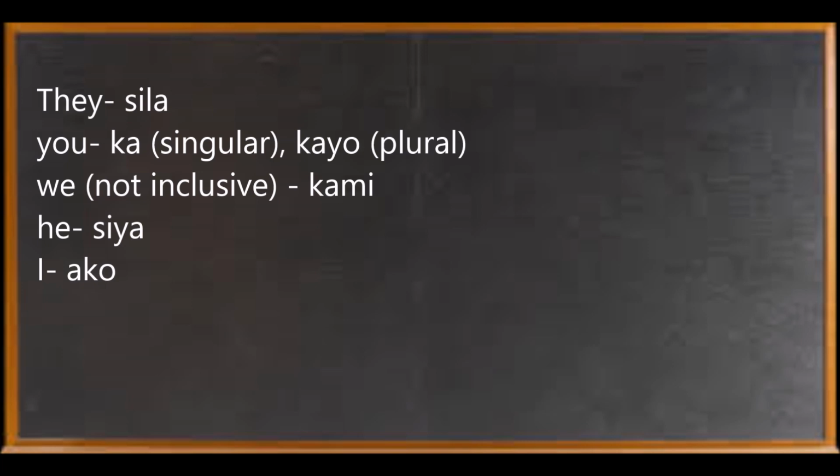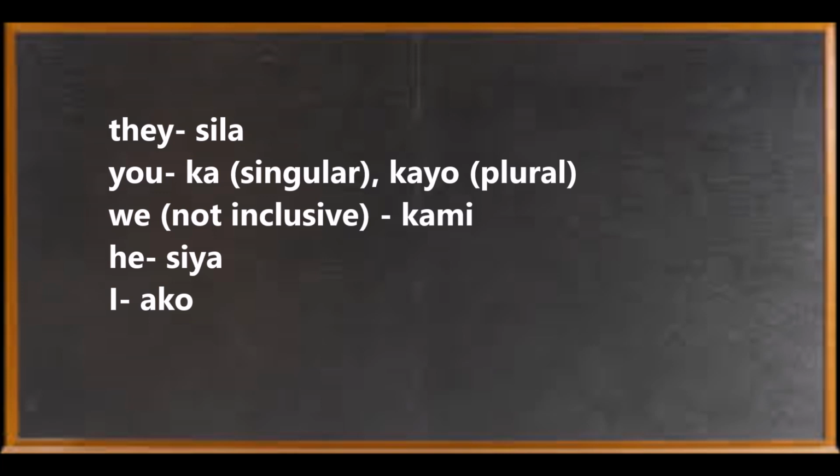Now, for the subject pronouns, I suggest that if this is your first time watching this video, I'm sure you're not gonna understand or follow. You cannot answer them, so you better watch my videos about subject pronouns for you to be able to translate them. But okay, just for the sake of the new people who have just watched this: they is sila, you is ka, singular you, and we not inclusive is kami.